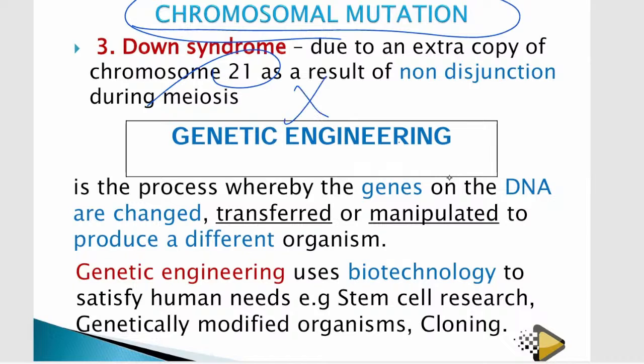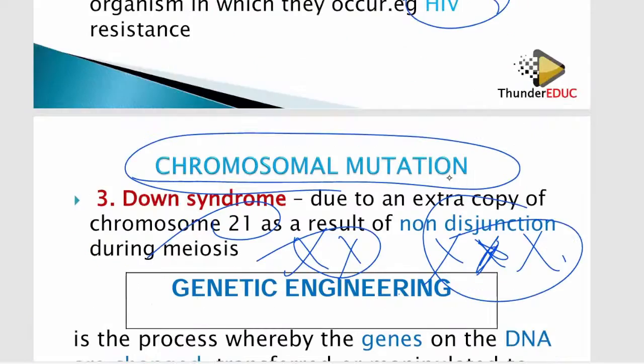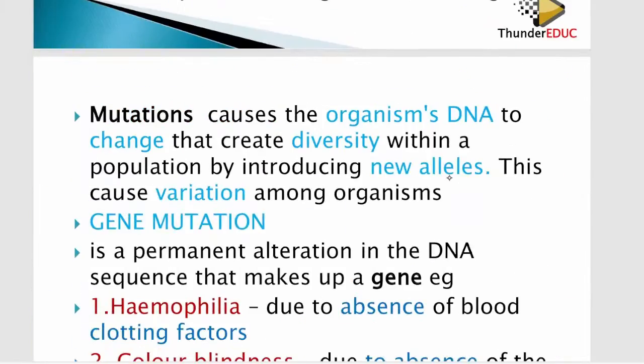So instead of having 2 chromosomes of 21, you're going to have 3 chromosomes. I don't mean X chromosome and Y chromosome. I am just using this as a chromosome. You know that it has 2 chromatids joined together by a centromere. So I'm just drawing XX, which indicates the chromosome. So that's a small part which I want to talk about.